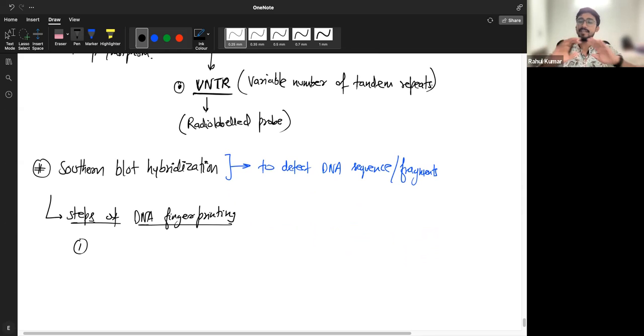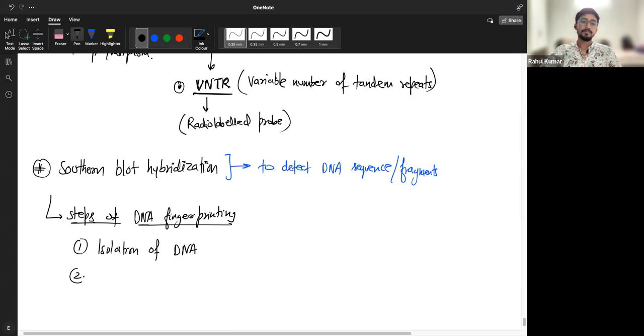First, anything you have to do with DNA or RNA, you have to isolate it from the cell. So first is isolation of DNA. The first 2-3 steps are the same as in the human genome project. There you have to sequence the whole genome. Here you just have to know the difference between two polymorphic regions. That's all.